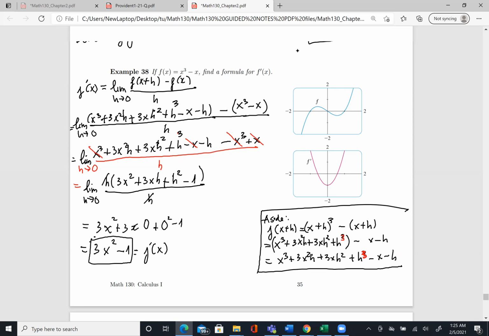Similarly, the graph over here is the slope, the f derivative of x, and the one up here is going to be f of x. You can take a look at when f derivative of x is negative or positive, and when f of x is increasing or decreasing.